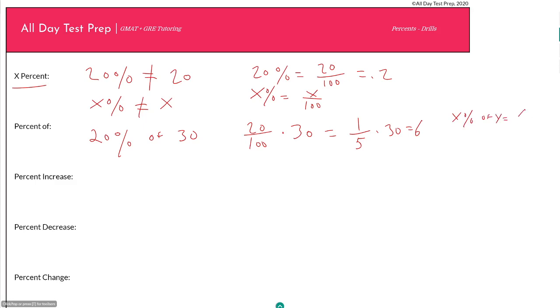Well, that would just be X over 100 times Y, or XY over 100. If I was to say, what is X% of Y%? What would that be? That would just be X over 100 times Y over 100, which is equal to XY over 10,000. Because 100 times 100 is 10,000.